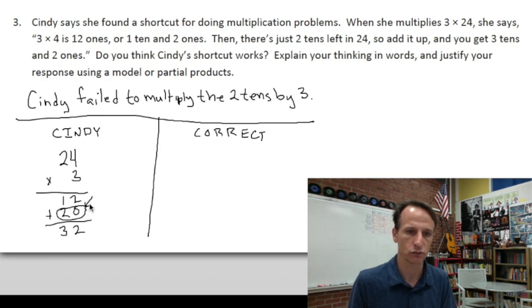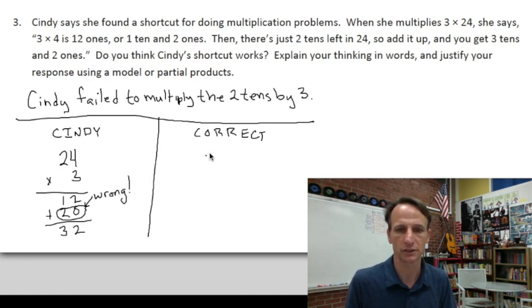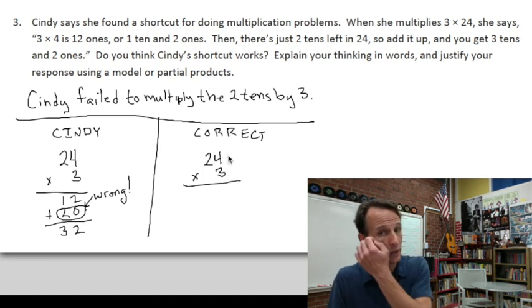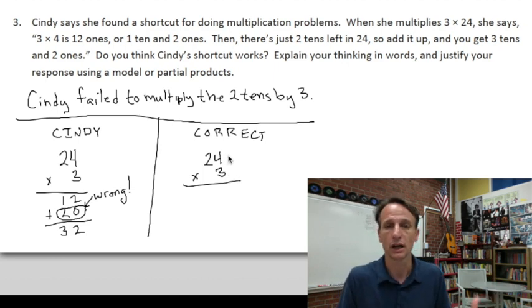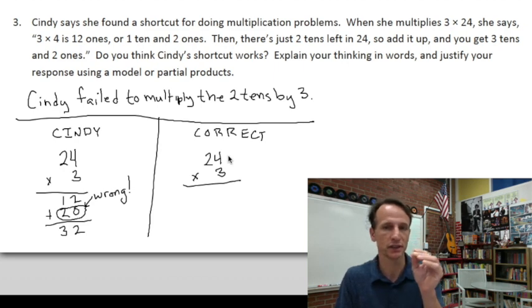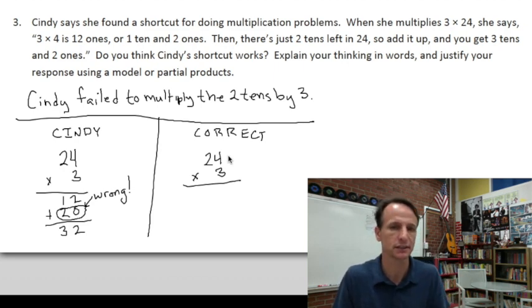So we're going to write wrong. She didn't multiply there. And the correct model here, and doing it out this way shows that you really understand what she did wrong. And Cindy's mistake, by the way, is the most common one after perhaps multiplying just 3 times 2 and getting 6, as opposed to 3 times 20 and getting 60.